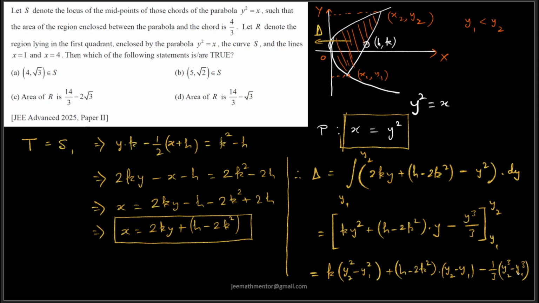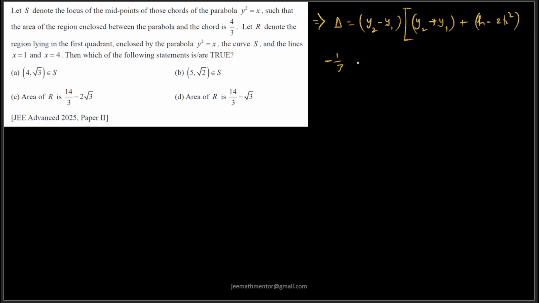So a cube minus b cube by a minus b is a squared plus ab plus b squared. So here it will be y1 squared plus y2 squared plus y1 y2 is what we shall be left behind with.